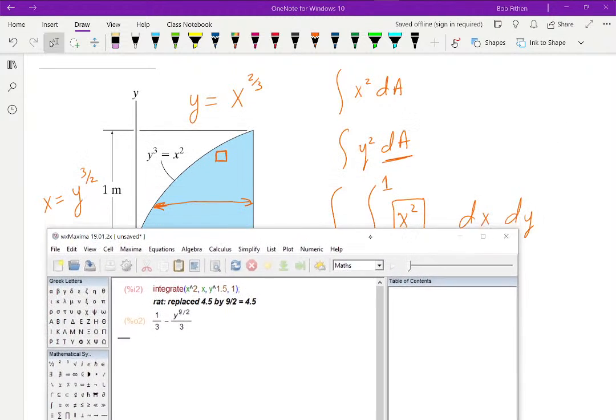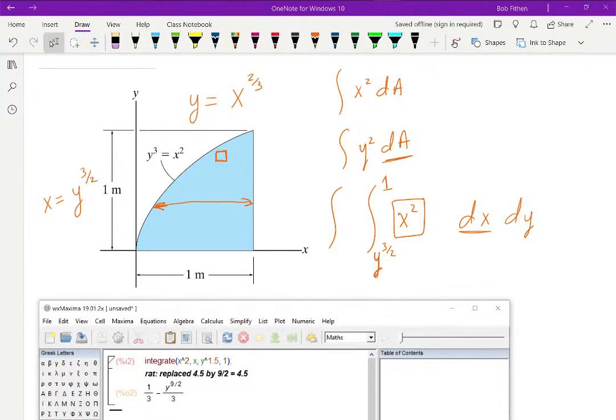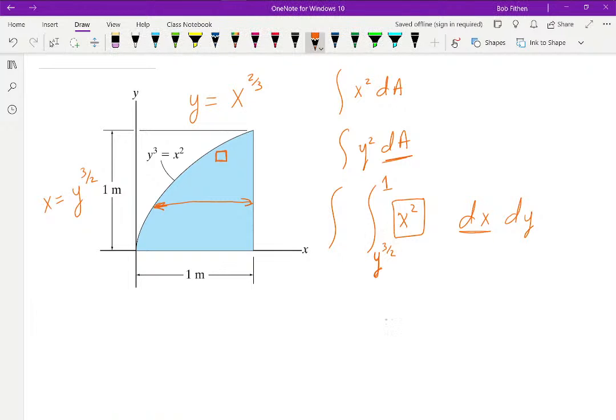I don't know whether this will copy straight down. Control C, come back here, Control V. No, not really. Tell you what, we'll do it this way.